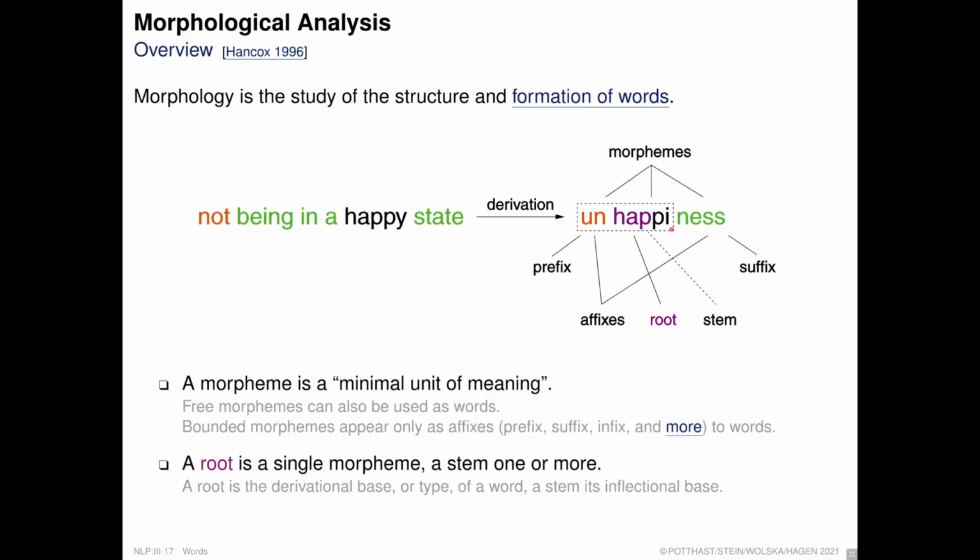The stem, if you see what it expresses, is a semantic meaning that is the negation of the root, right? We wanted the state of being not happy. So this semantic part, the stem, marked here in a dotted rectangle, is unhappy. And the bounded morpheme ness takes the stem and makes it into a noun.